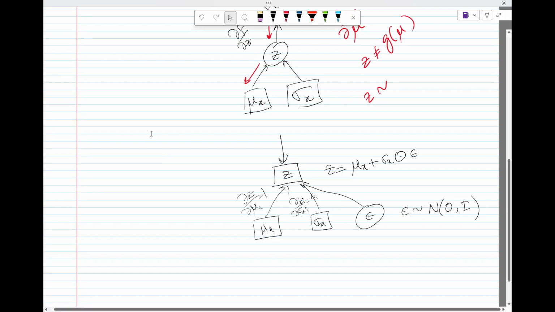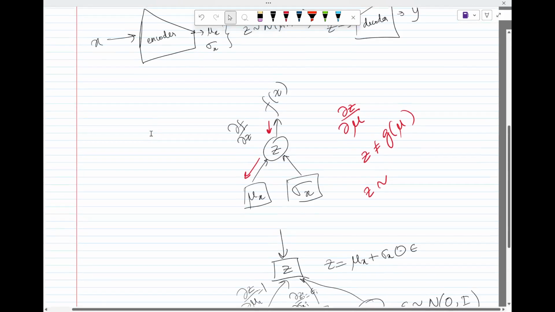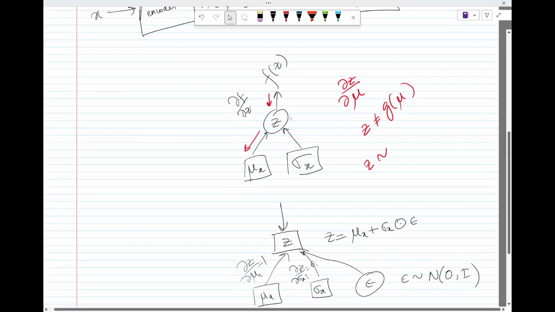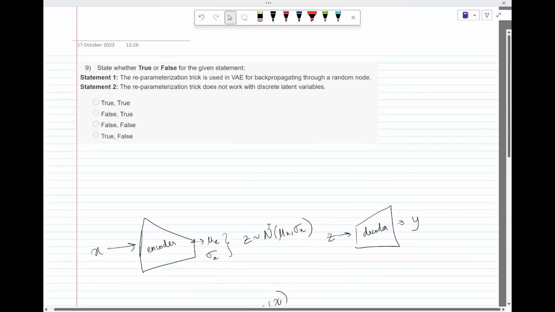So this is the reparameterization trick, used in VAE for backpropagating through a random node. So statement 1 is true.